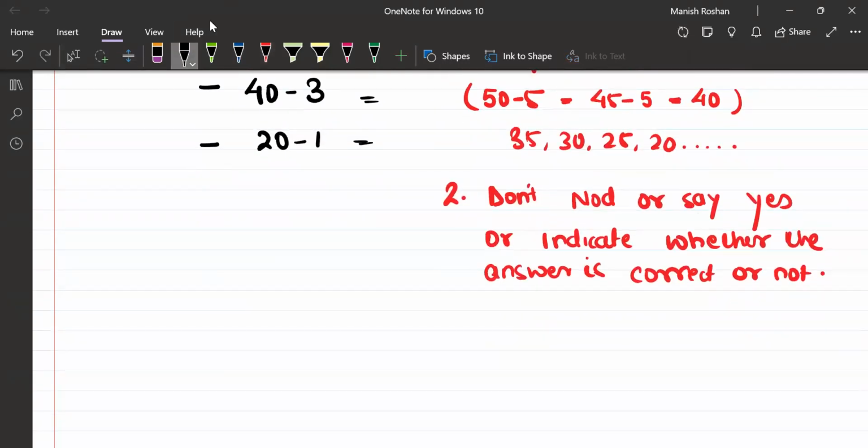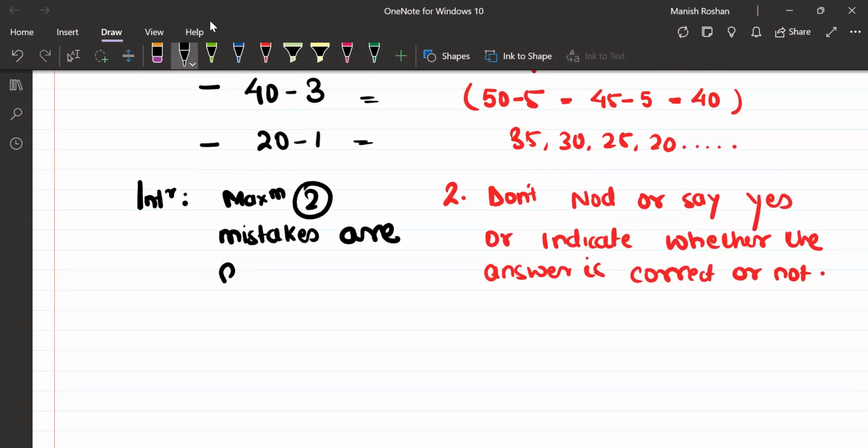And regarding the interpretation, a maximum of 2 mistakes are allowed. More than 2, the patient has failed the test.